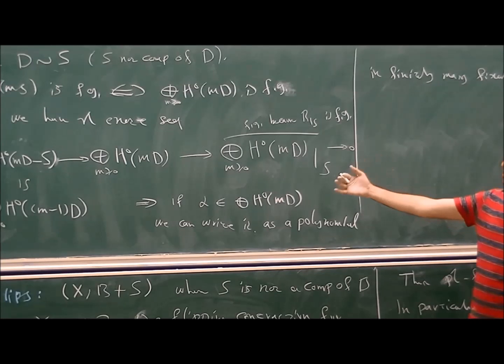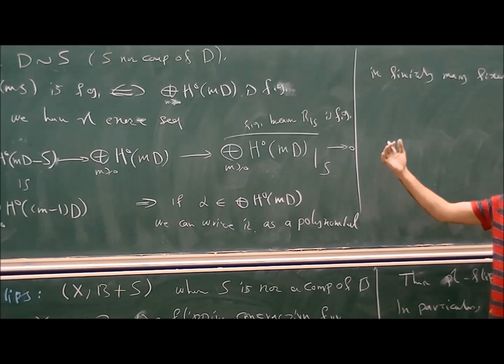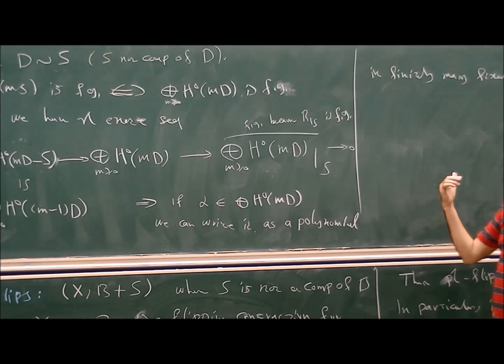So anyway, the claim then reduces finite generation to proving finite generation of the restriction.